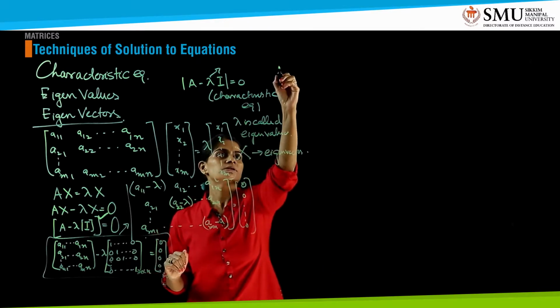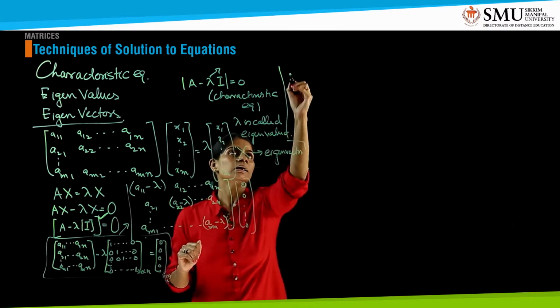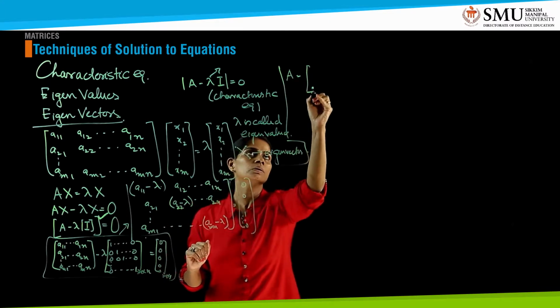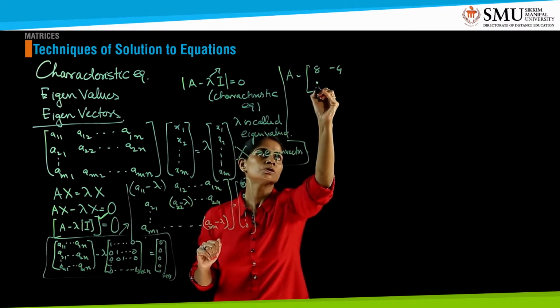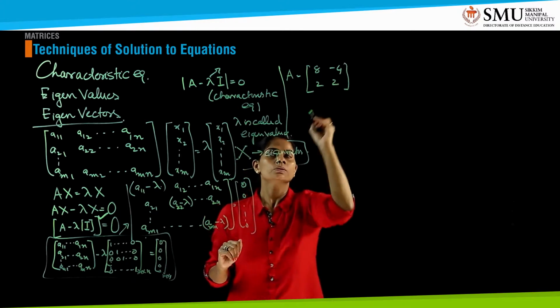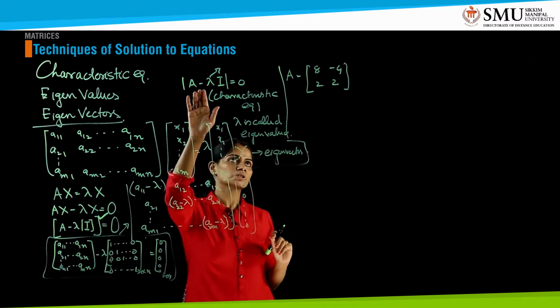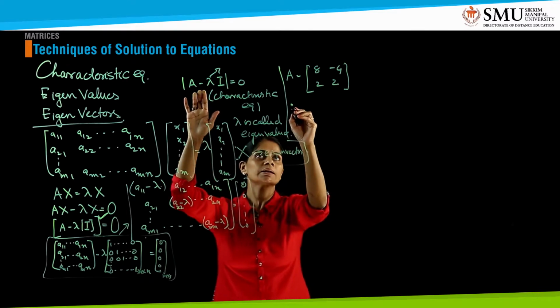Now let's consider an example where A is the matrix with rows 8, minus 4 and 2, 2. Let's first make the characteristic equation. So what would be the characteristic equation?